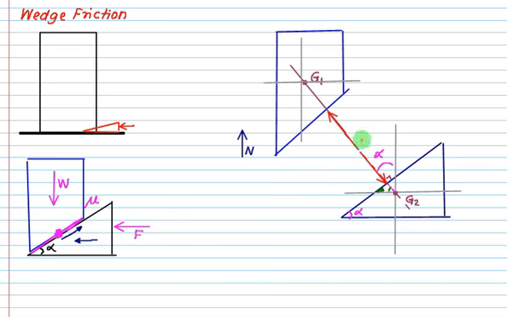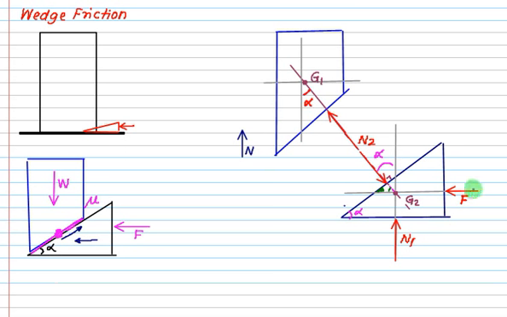Let's say this contact reaction is N. We have one contact at the bottom. Let's say this one equals N1. Let's call this N2. We have one friction force like this, that equals F.